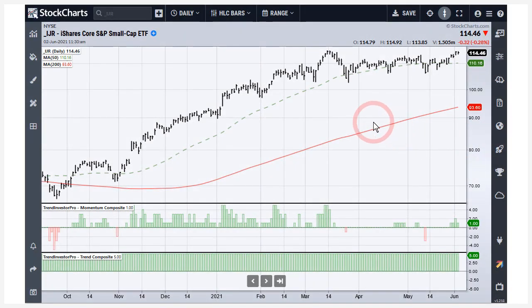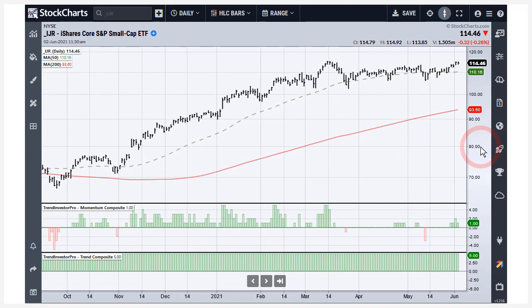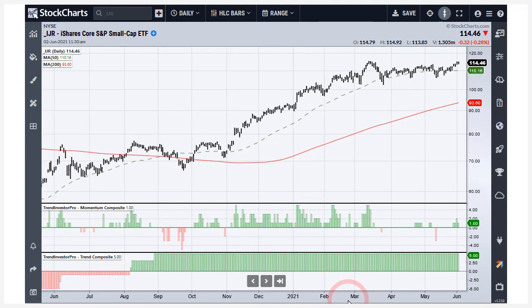Now here is IJR, and I prefer IJR over IWM because I think it's a little bit stronger if you compare the two charts. And I'm going to shrink this just a little bit here. We can see the trend composite is bullish, and all 5 indicators are bullish. And this one has been net bullish since August.